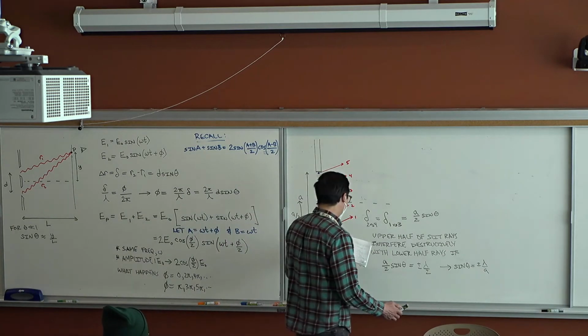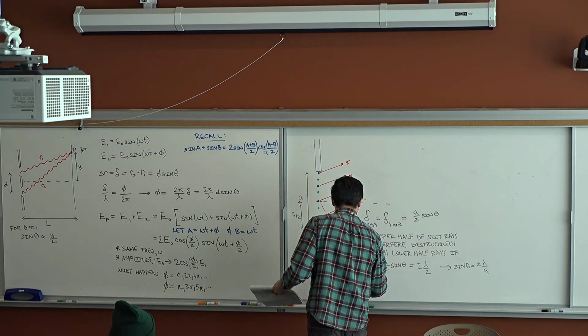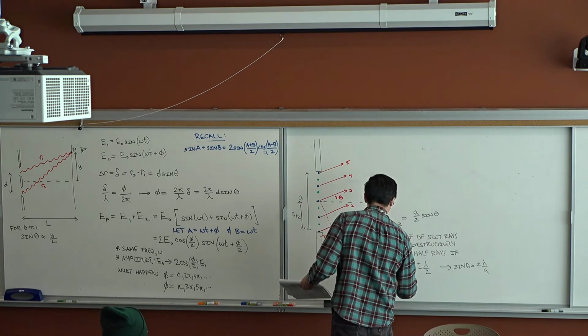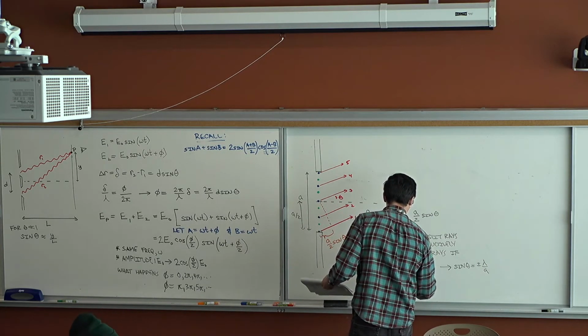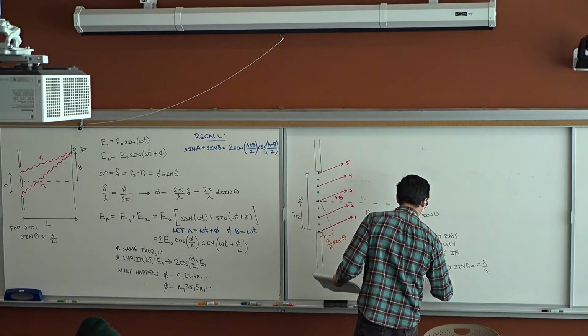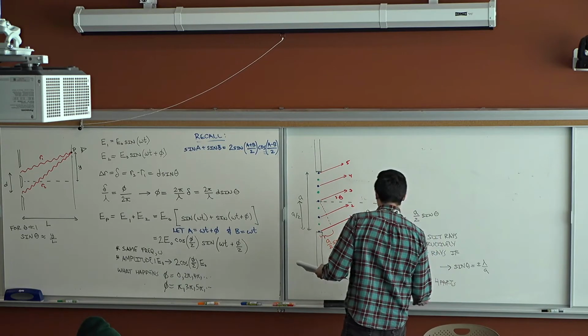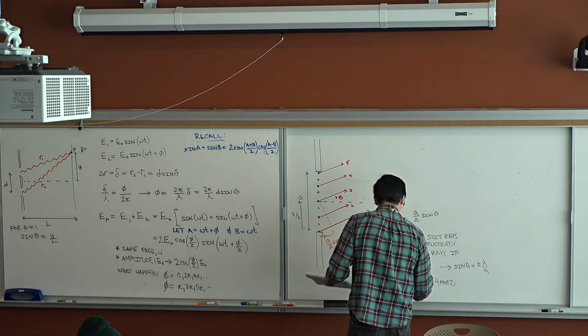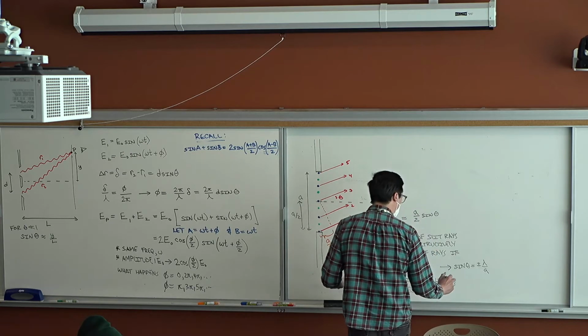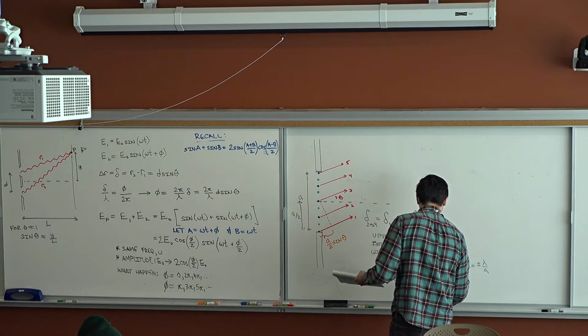And so in that case, if we divide the slit into 4 parts instead of 2, then we get that sine of theta would need to equal plus or minus 2 lambda over a.